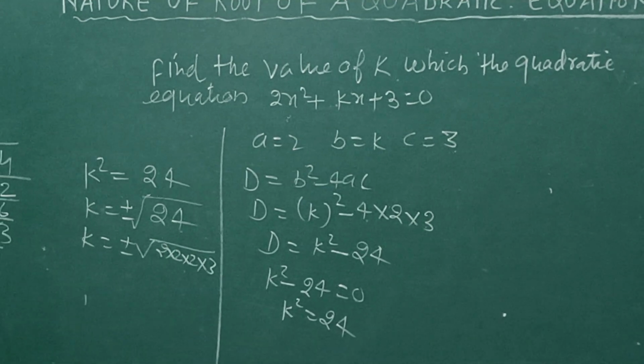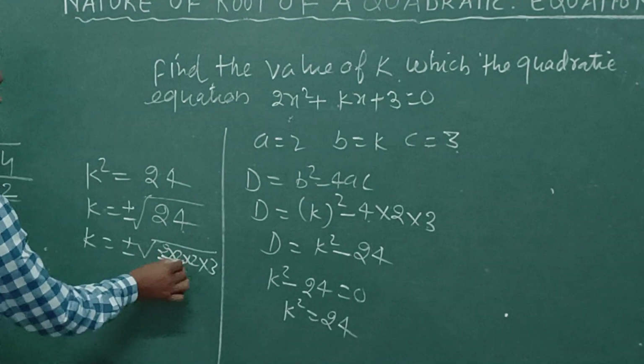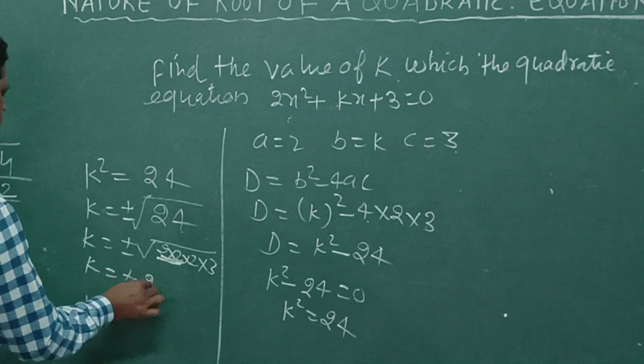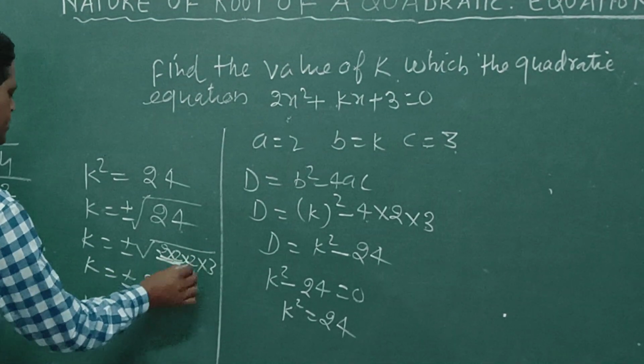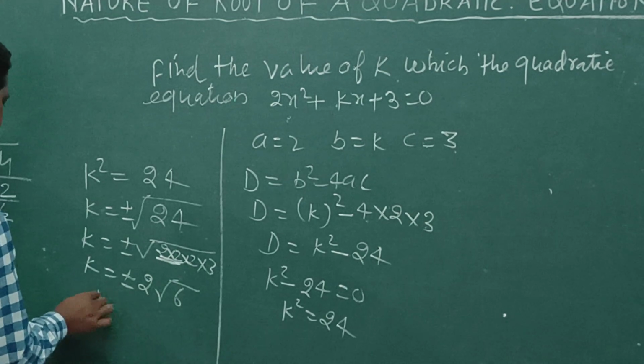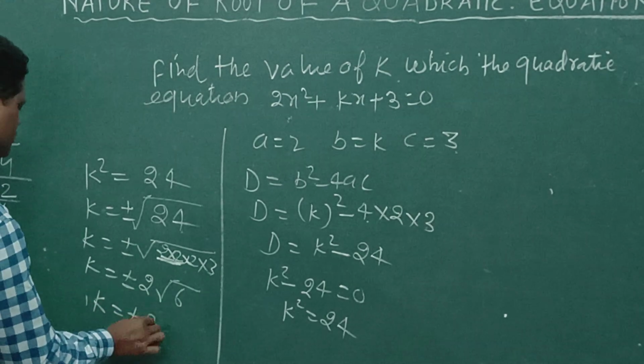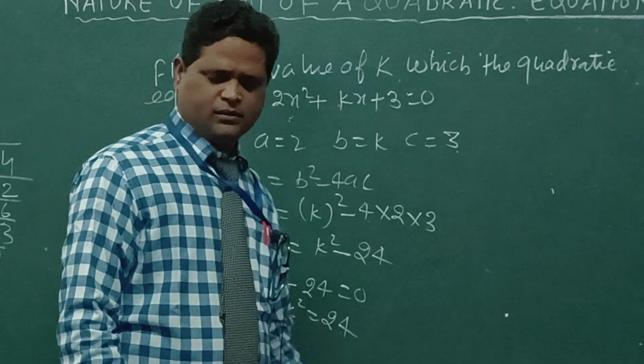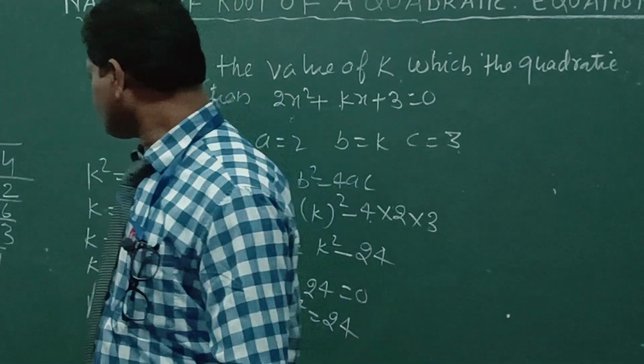One pair of 2 comes out, and 2 into 3 is 6, which has no pair. So k equal plus minus 2 root 6. We can write that here.